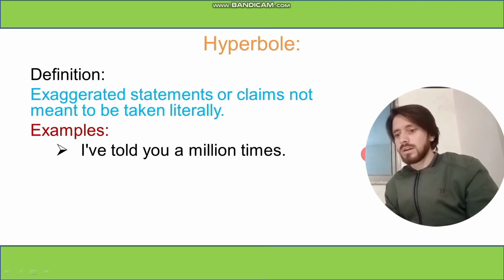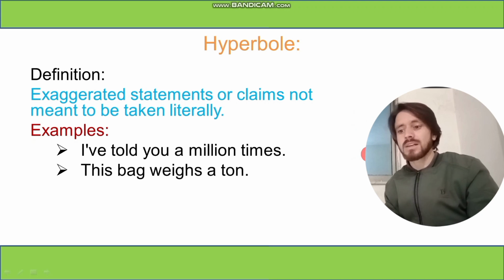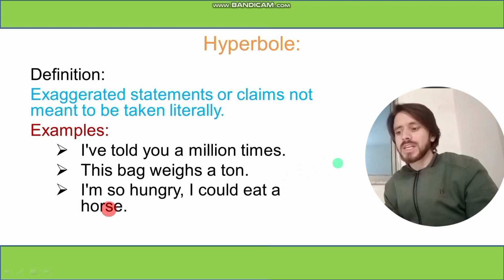Okay, this bag weighs a ton. A bag cannot have a weight of a ton, but here a person is saying this bag weighs a ton. Can it be possible? No. So this is actually hyperbole. I am so hungry I could eat a horse. A person cannot eat a horse, but whenever you are hungry, you will eat food.